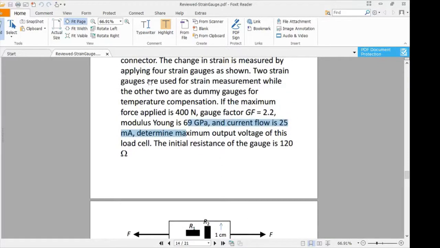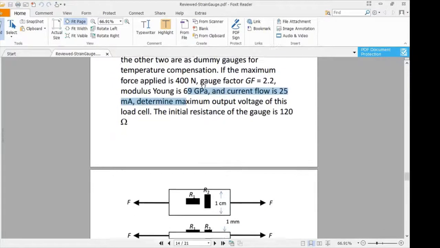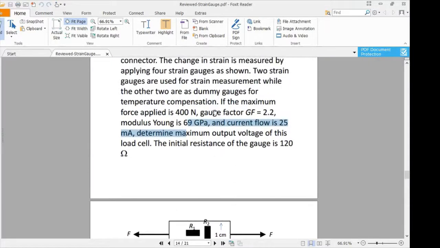Two strain gauges, R1 and R4, are used for the strain measurement, whereas the other 2, R2 and R3, are used as dummy gauges for temperature compensation.